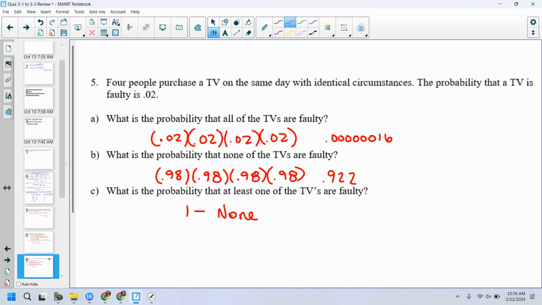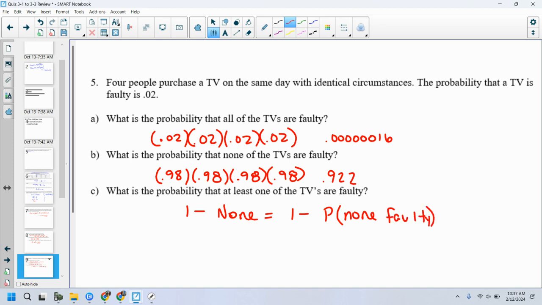Okay, so again, at least one is 1 minus none. Now, remember that we have to be a little bit careful about what is none in this case. So that is 1 minus the probability that none are faulty, right?